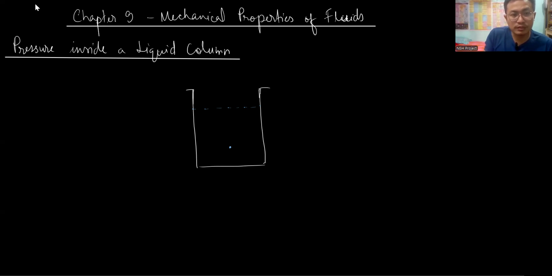We will have to consider a cylindrical shape and its pressure difference. Let's say this is PA, the force is P1A, and this is F1 and on the other side it is F2.